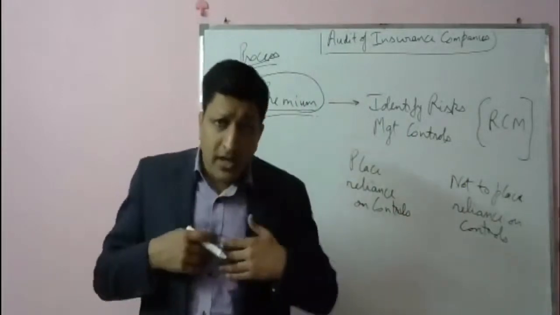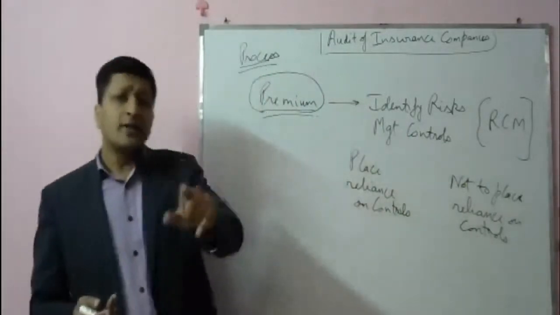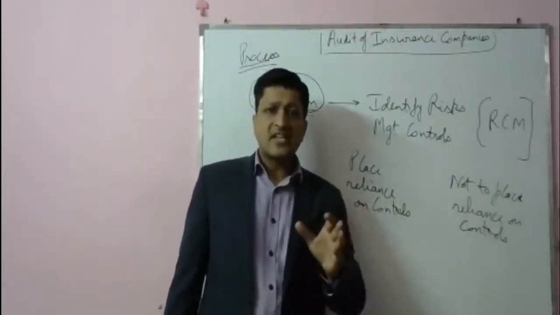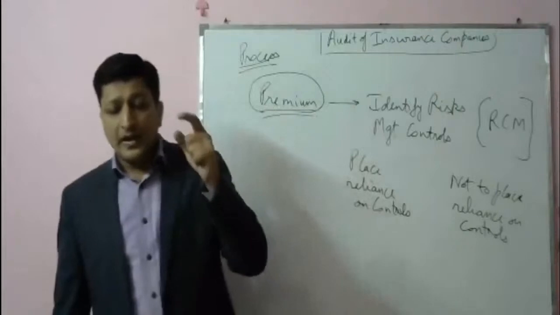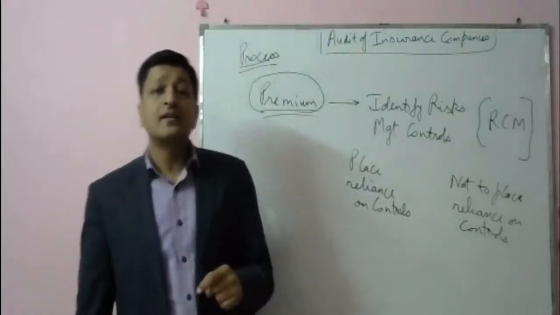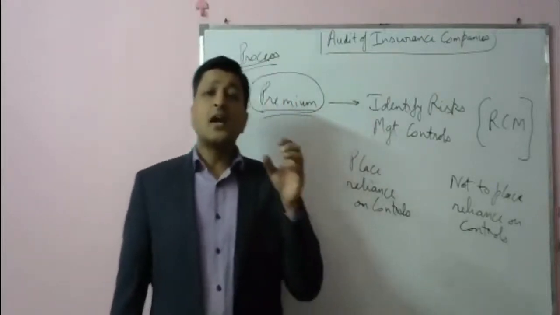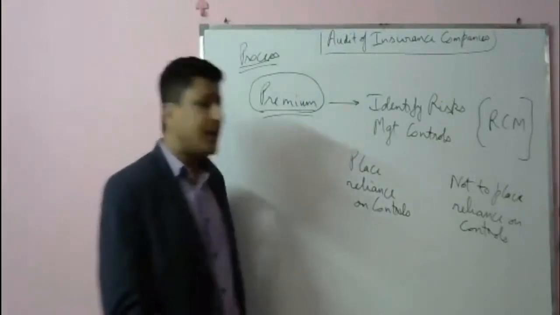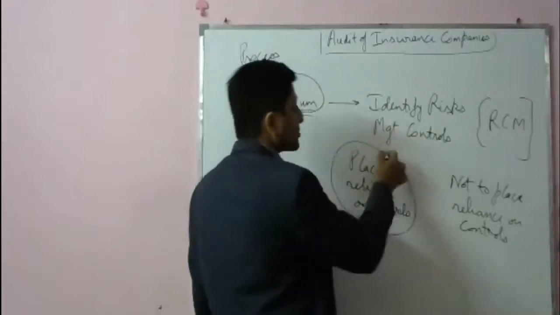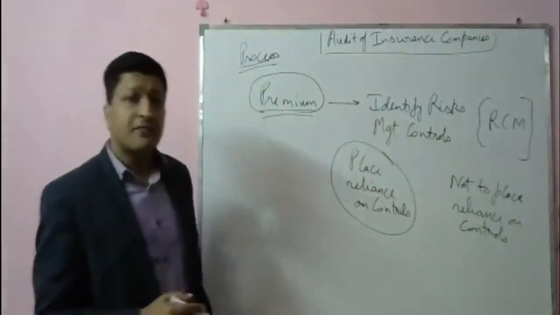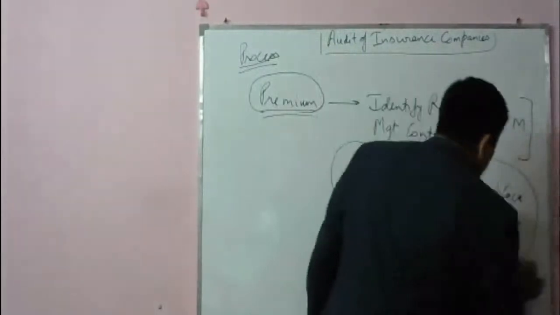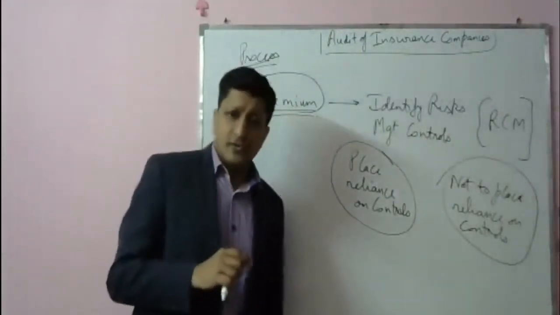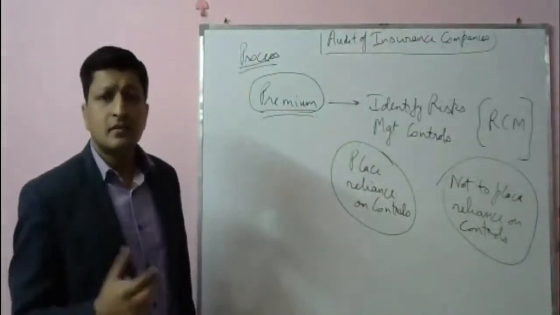Either he will say, okay, I want to place reliance on the controls of the management, or he will say, no, I will not want to place reliance on the controls of the management. And this will be driven by the fact that the controls are operating effectively or not. So if the controls are operating effectively, auditor will follow this approach. If the controls are not operating effectively, auditor will follow this approach. Depending on the approach that the auditor follows, what will be the next thing?